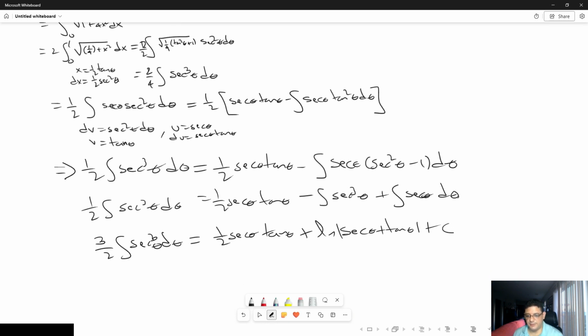Then we can say that the integral of secant cubed of theta d theta is equal to 2/3 times, so this is going to be 1/2 secant of theta tangent of theta plus 1/2 of the log of secant plus tangent.